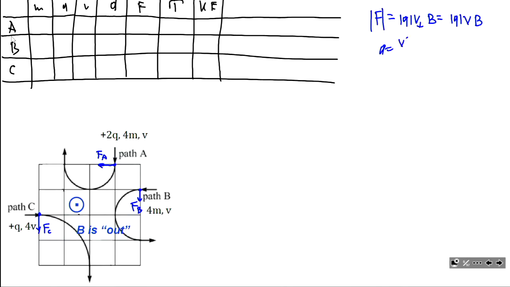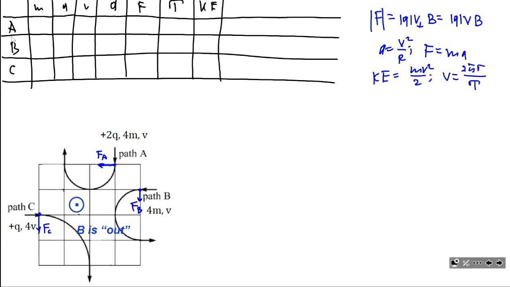And acceleration equals v squared over r, and Newton's law says F equals ma. Kinetic energy equals mv squared over 2, and a period, well, this is how I prefer to relate them.